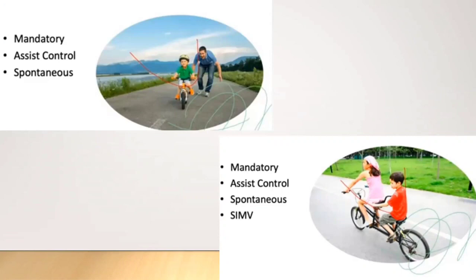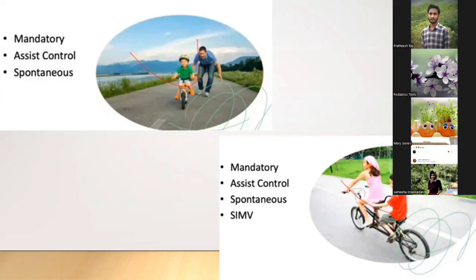SIMV is an exercising mode. Both the child and the ventilator will do some job. If the child is breathing at a rate of 30, and you have kept the rate at 10, 10 breaths will be supported. The other 20 breaths the child will have to take, and that will be evident in the scalars.